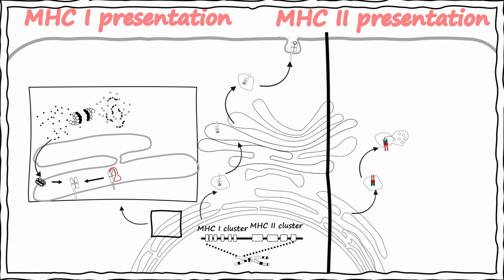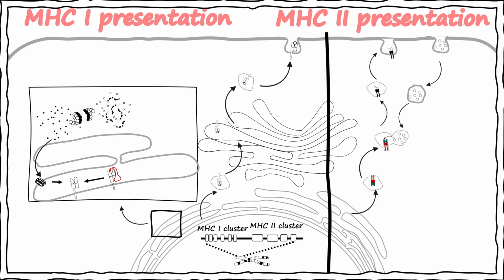So endosomes are formed when certain exogenous pathogens or exogenous proteins get phagocytosed by the cell. They form early endosome and late endosome. This late endosome fuses with the vesicle containing class 2 MHC molecule, and then these exogenous peptides are loaded onto the top of the MHC and displayed on the cell surface. We can clearly see the difference between the two.